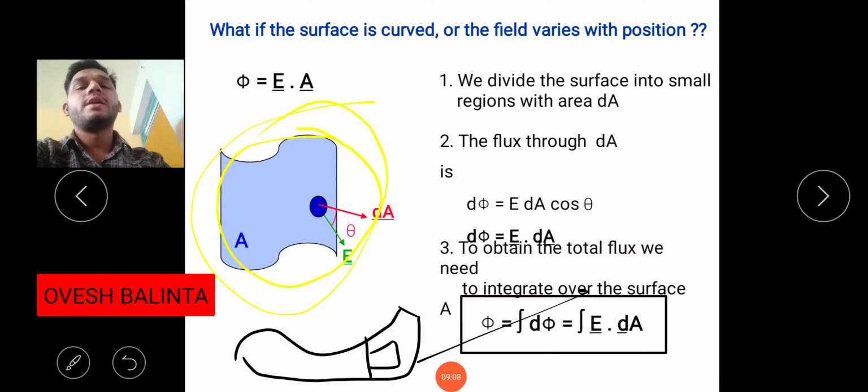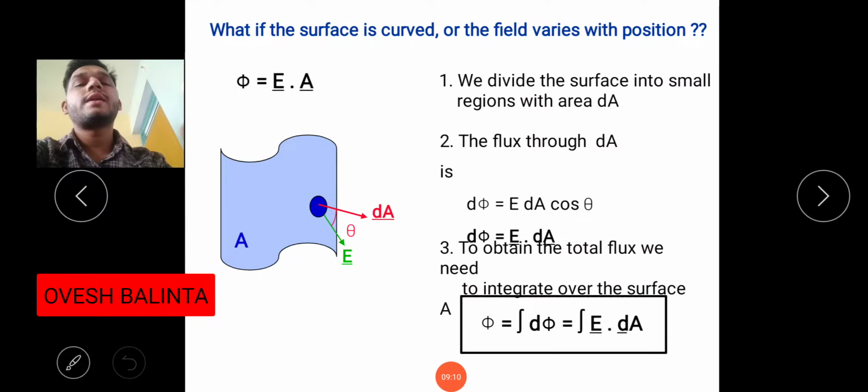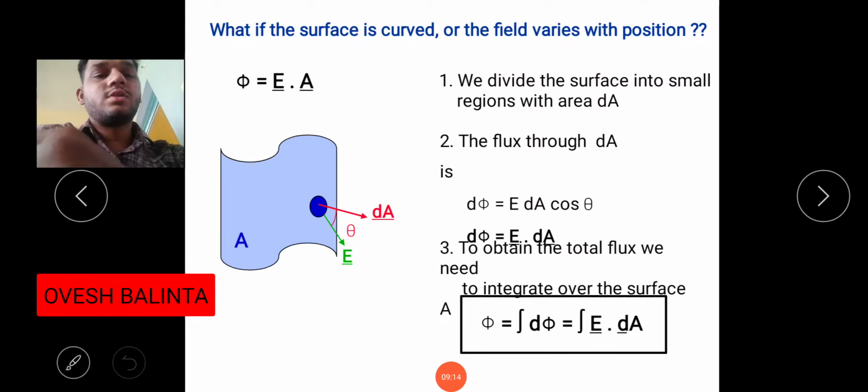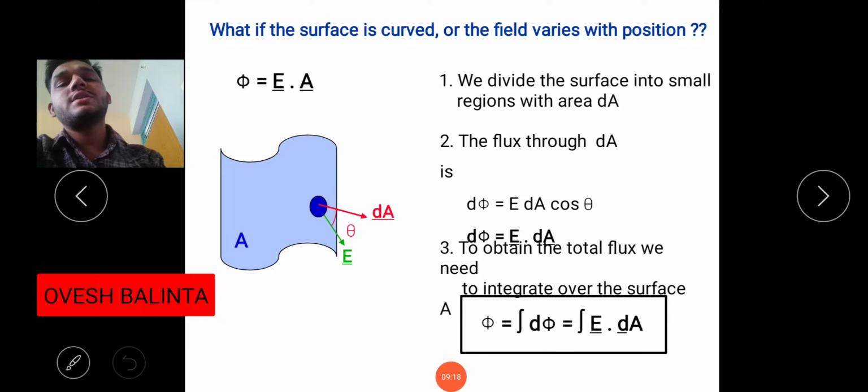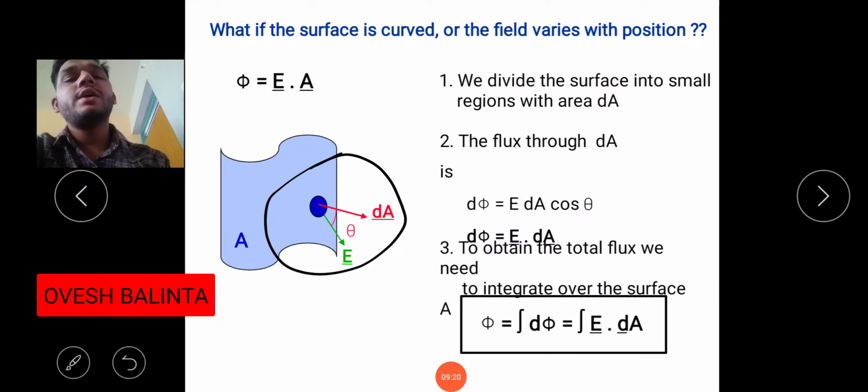The electric field line will be making an angle, so we can find the flux: d phi is equal to, because we are taking a small quantity, dA and E. The electric field will be constant, but our area will be small.